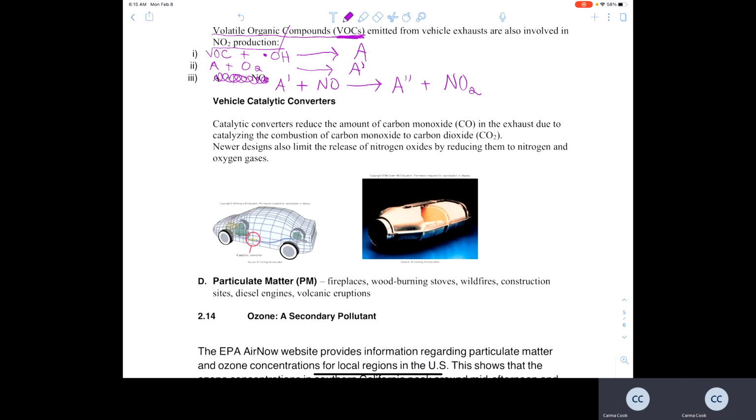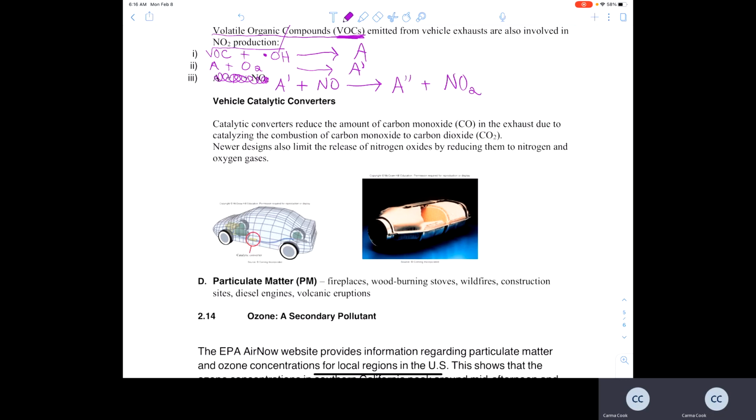So how can we reduce all these dangerous air pollutant emissions coming from our automobiles? Well, one way that we've been able to do that and therefore improve air pollution quality in the various cities in the United States is the catalytic converter. Catalytic converters reduce the amount of carbon monoxide in the exhaust because the catalytic converter has catalysts inside of it. And these catalysts catalyze the combustion of carbon monoxide to carbon dioxide.